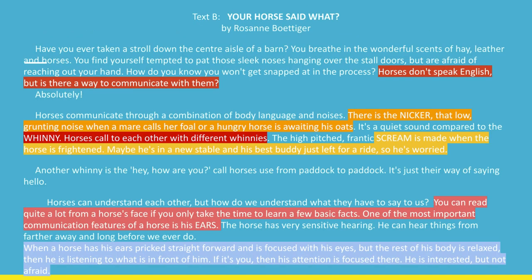And then in text B, we're going to take a look here. It's also talking about how horses can communicate. But I highlight the details in this text, and I find that there are some differences. In this text, they talk about the nicker and the scream and the little grunting noise they make and how each noise is for something different.